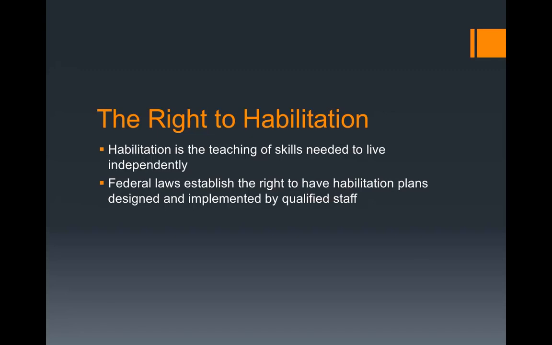which is how special education got started. That's the federal law that's supporting probably all the work that all of you are doing right now, is that folks who have developmental disability or intellectual disability have the right to habilitation.